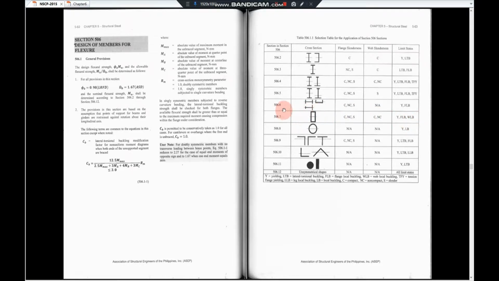So since it is an HSS again, and the flange is non-compact while the web is compact, we will determine the yielding, the flange local buckling, and the web local buckling state.